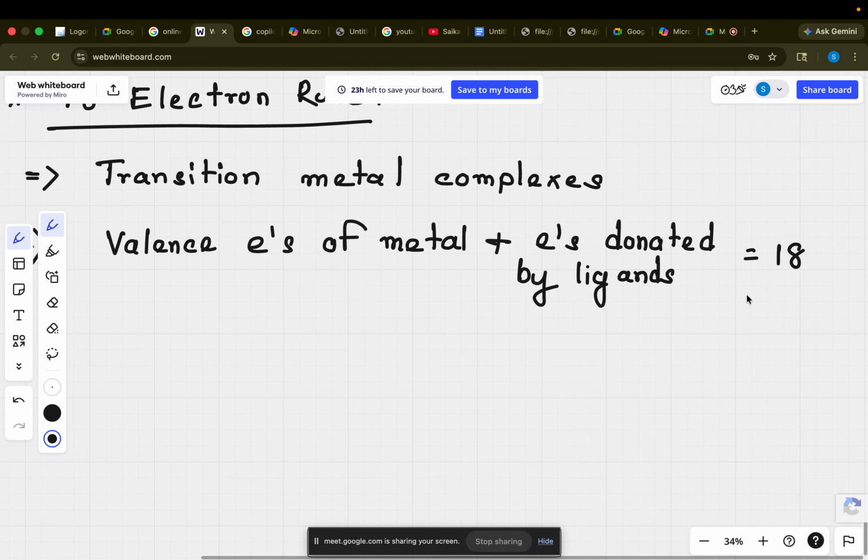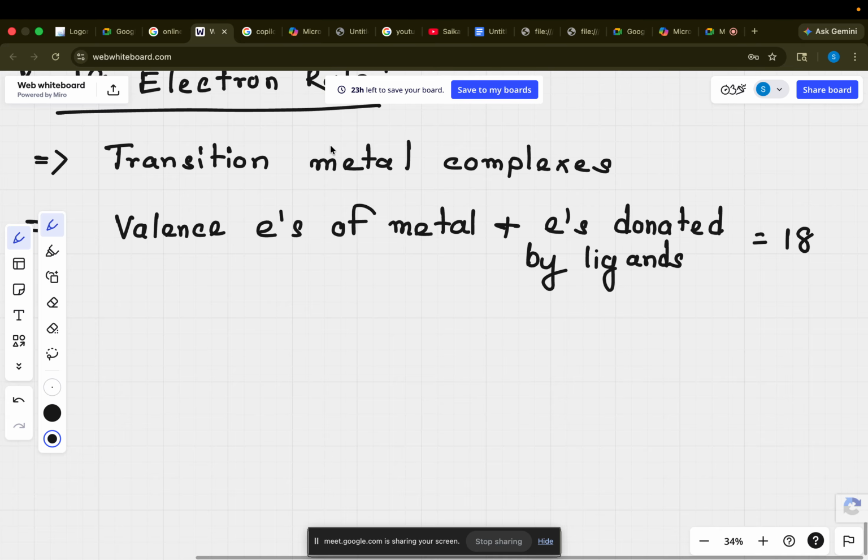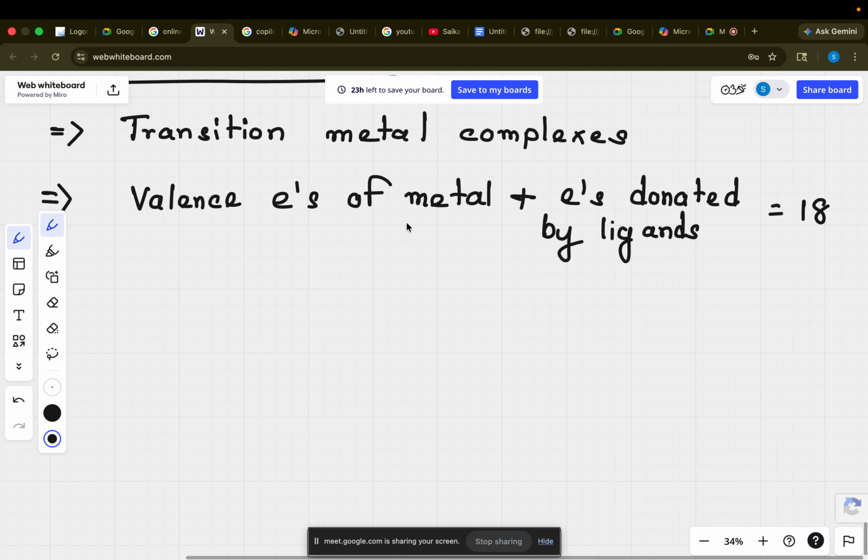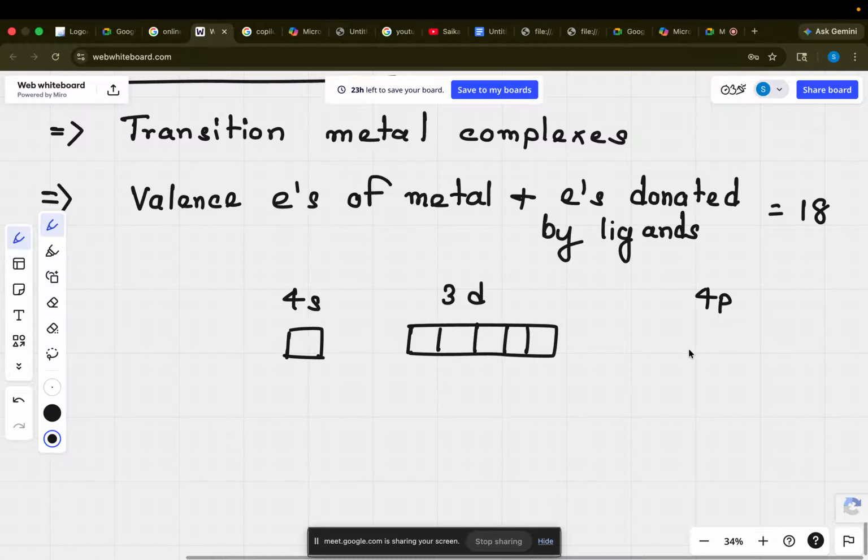Now why are we choosing transition metals, why are we not considering main group elements, why are we only talking about transition metals? Suppose for simplification I am talking about 3d transition elements. What orbitals do we have there? The 4s orbital, then the 3d orbitals, which means 5 orbitals: 1, 2, 3, 4, 5. Next you have the 4p orbitals: 1, 2, 3.